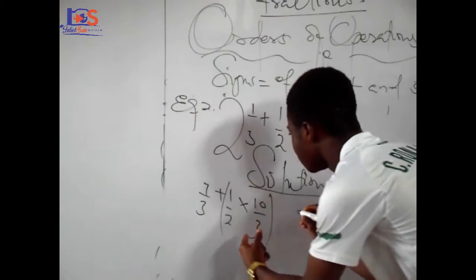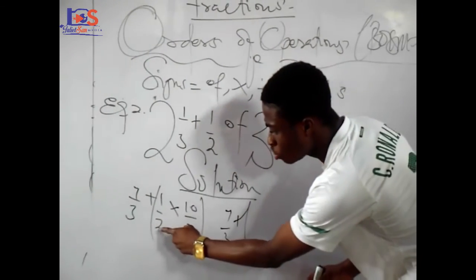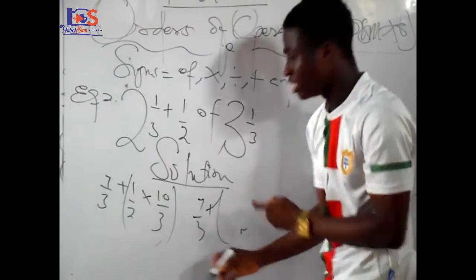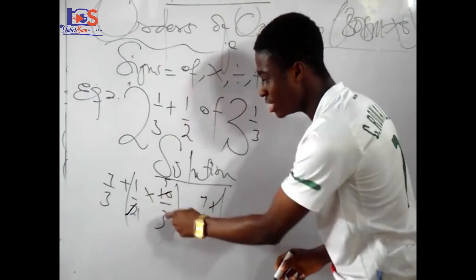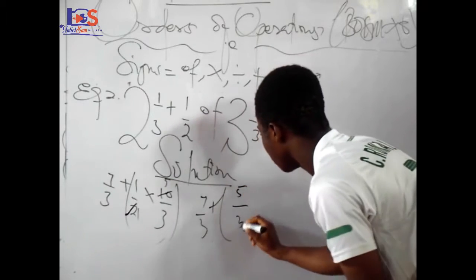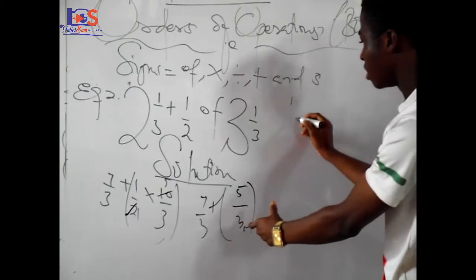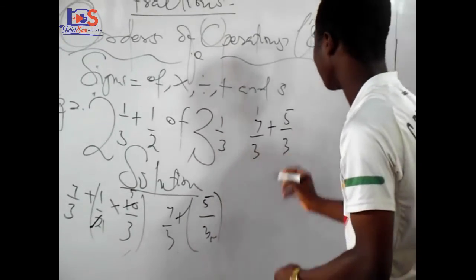So we come here, 7/3 plus the bracket. You know 2 can divide 10. Yes, 2 divides itself 1 and divides 10 5 times. 3 cannot divide it. So we multiply 1 times 5, giving us 5 over 1 times 3, 3. We take off the brackets, giving us 7/3 plus 5/3.